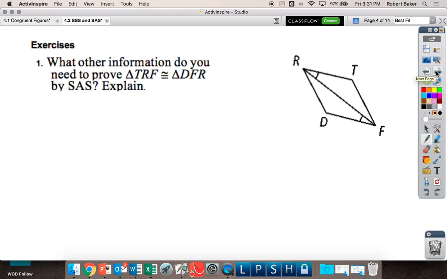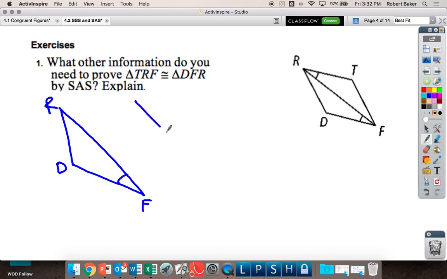What additional information do you need to provide to prove those two triangles are congruent by the side, angle, side shortcut? Right now I have two triangles. R, D, F. And in that lower triangle, this angle is marked.